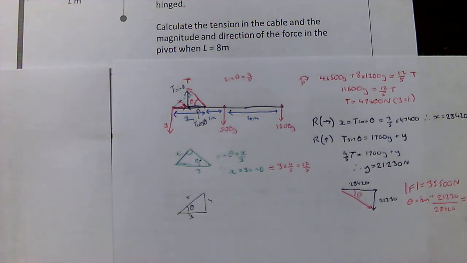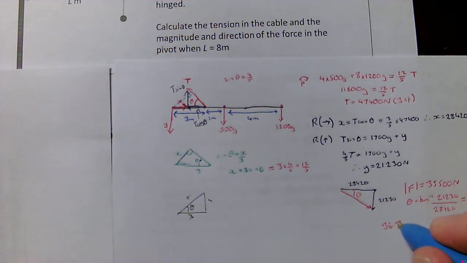So you should state that clearly, as it's not clear what that means otherwise: the force is 36.8 degrees below the horizontal to the right.